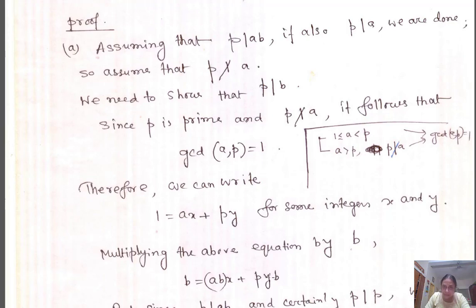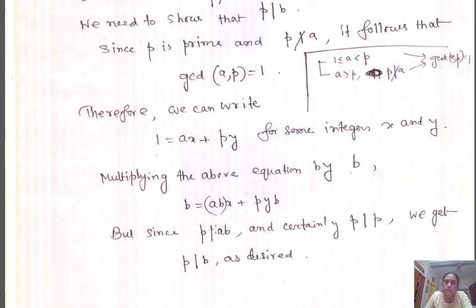So p divides this whole thing, so p divides b. So we have shown that in case p does not divide a, p divides b, using Bezout's identity and the previous two theorems, as desired.